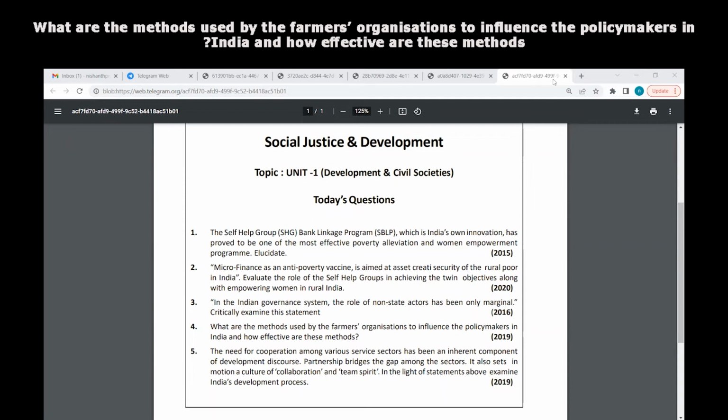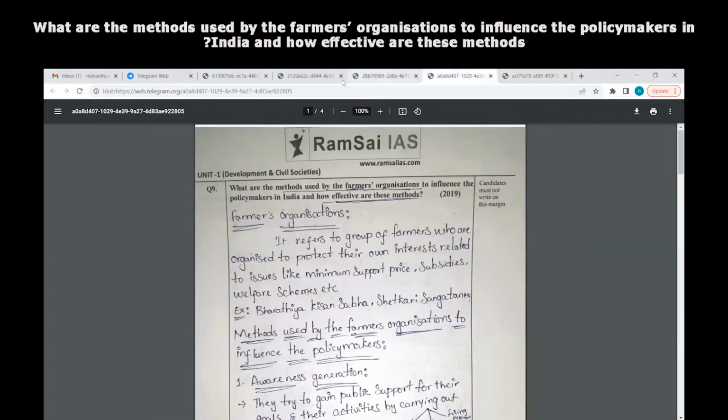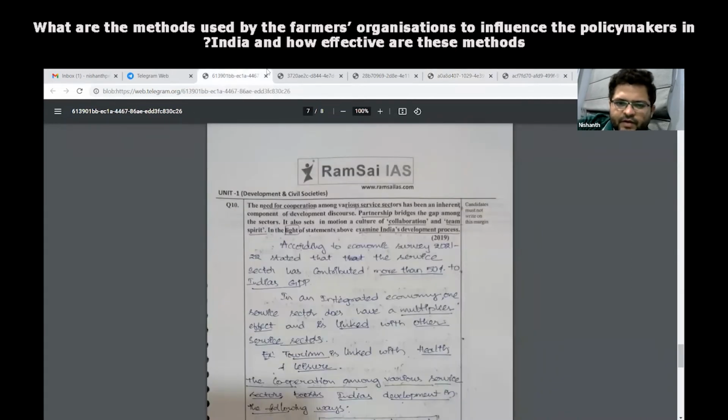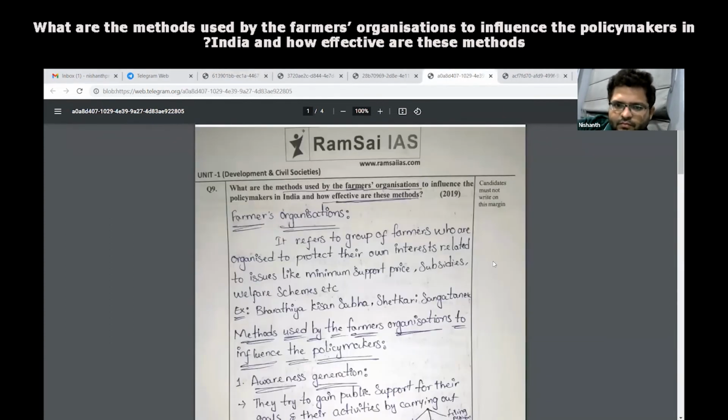Yes, sir. Whose answer is this? Please write names. It becomes very difficult to keep asking whose answer is this. Soumya, you need not write a heading at the start.